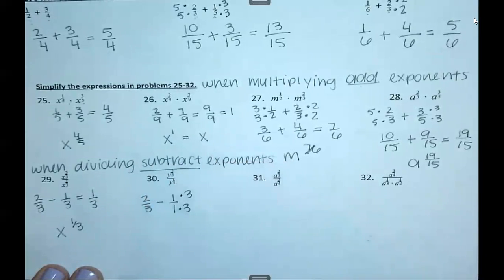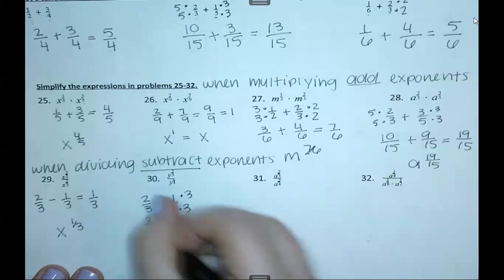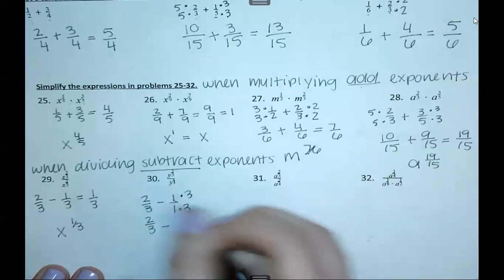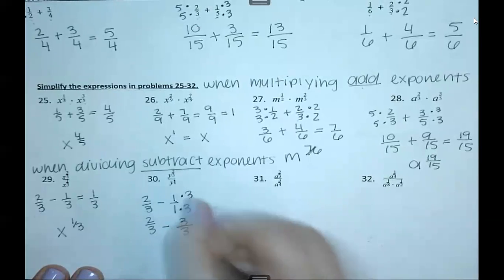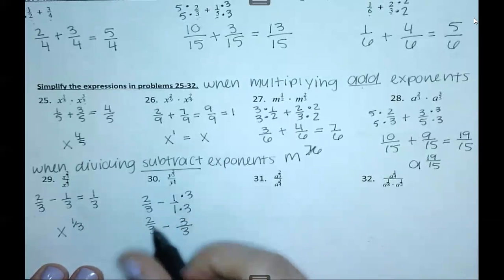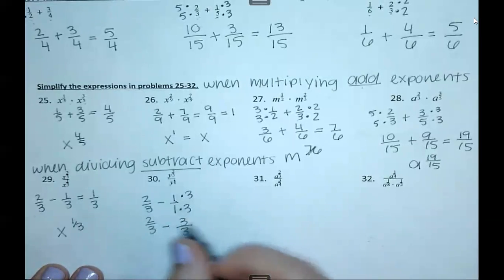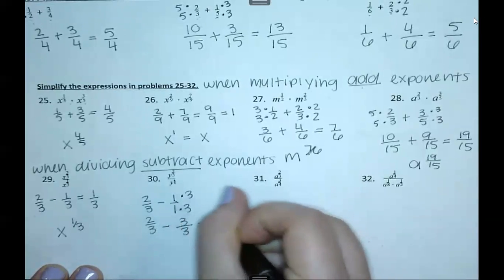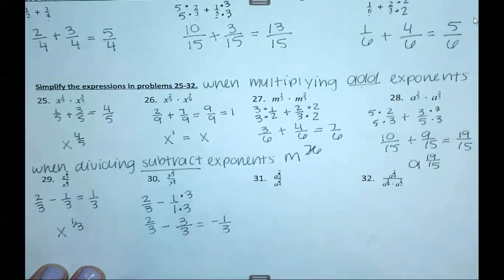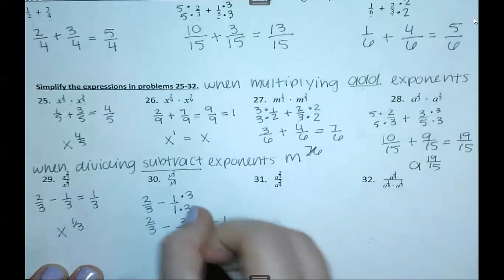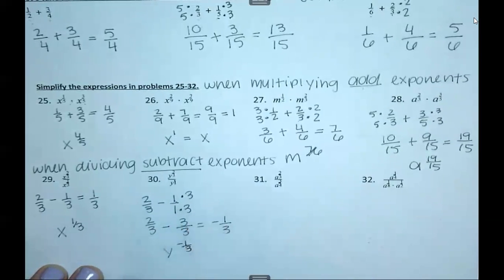If I do it to the bottom, got to do it to the top. So I would have 2/3 minus 1 times 3 is 3 over 3. Okay, and now we subtract 2 minus 3 is negative 1/3. So our answer would be y to the negative 1/3 power.